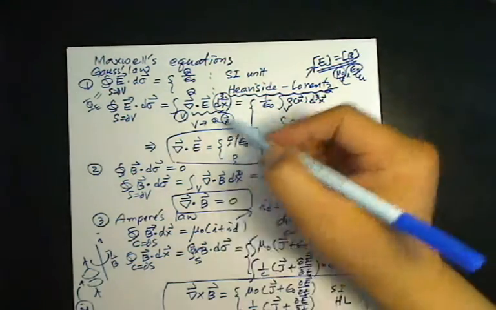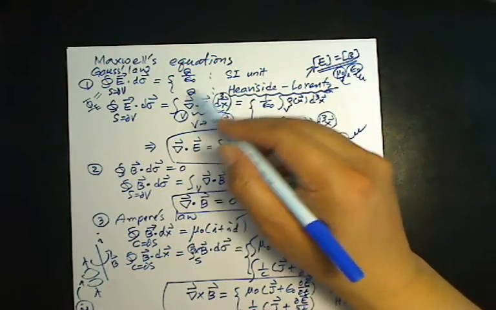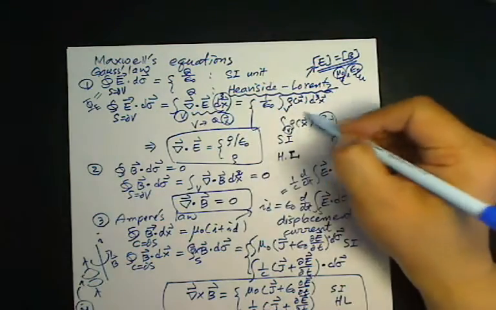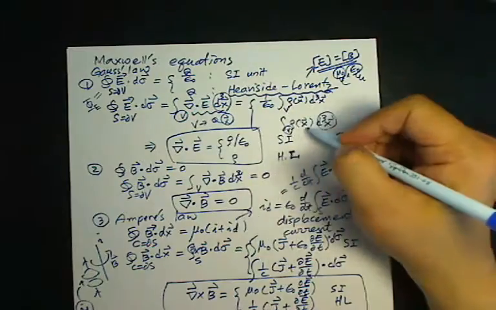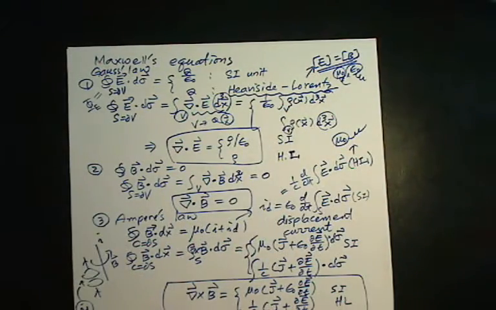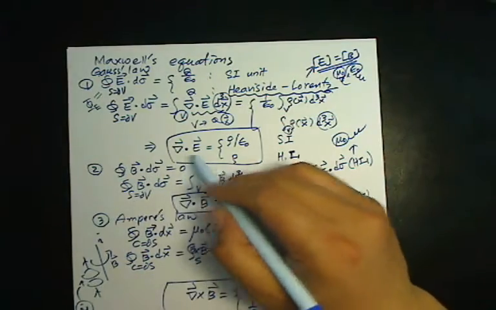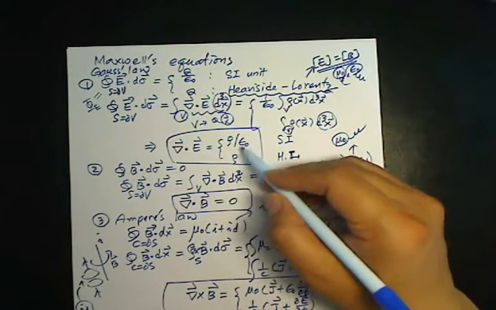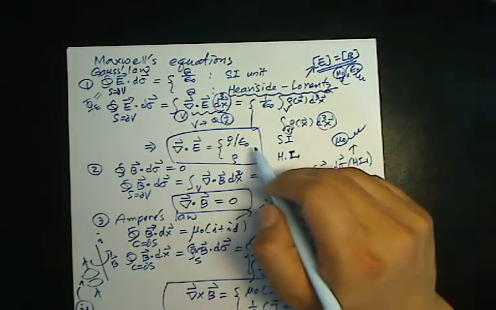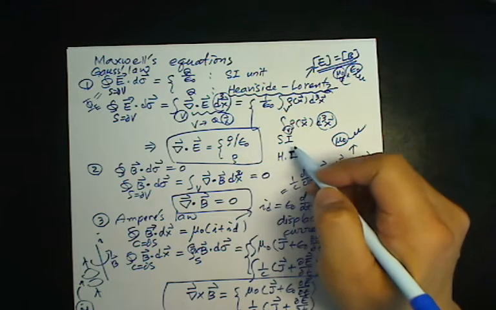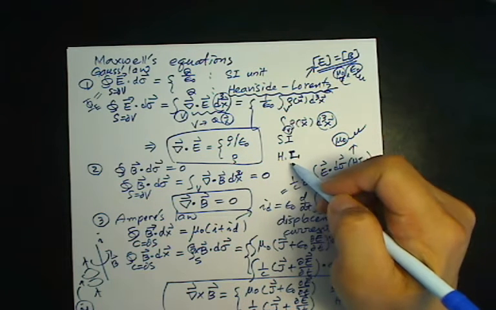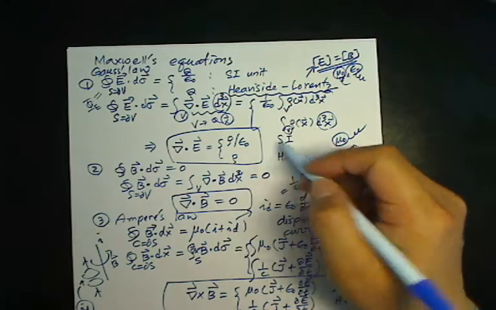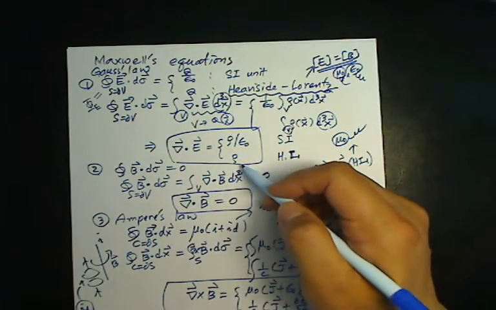If it is a very tiny region, then we can say these two integrands must be exactly the same. Therefore, divergence E equals charge density divided by the permittivity constant epsilon 0 in the SI unit, and in Heaviside-Lorentz units, divergence E becomes the charge density rho.